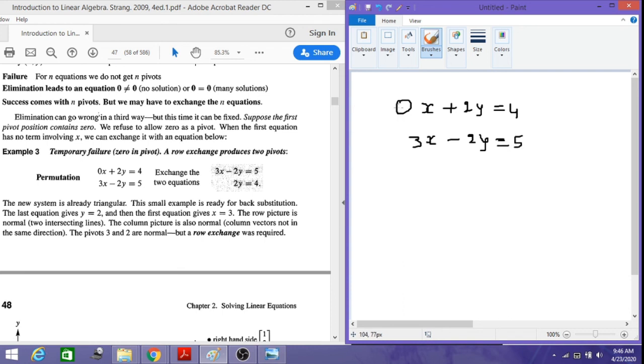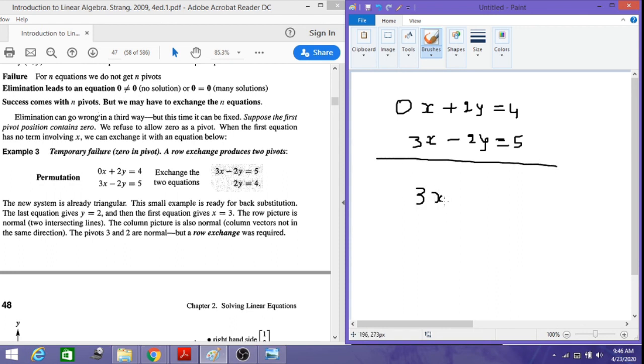Now if you look into this case, the first pivot cannot be 0. In this case, this is a temporary failure situation, so 0 in the pivot. So we'll go for a permutation method. Permutation is nothing but we're going to exchange the rows. So let us exchange the rows.